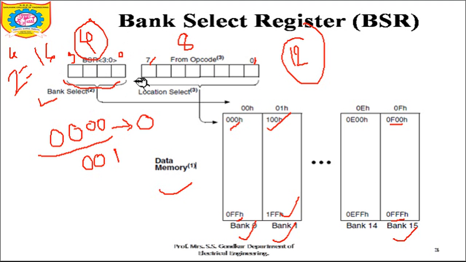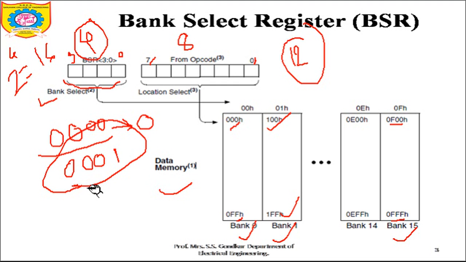Now see how to load this BSR is important. I told you about the instruction MOVLB. This is the instruction which is going to help us to select the bank. So in order to load the 4-bit value, suppose we want to select bank 1, we are writing it like this: 0001.